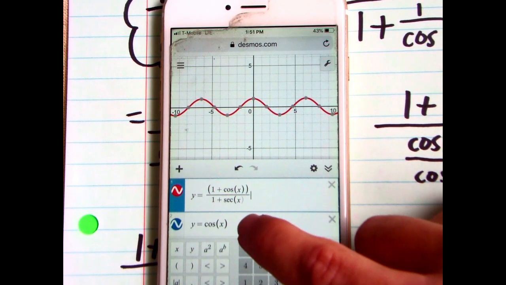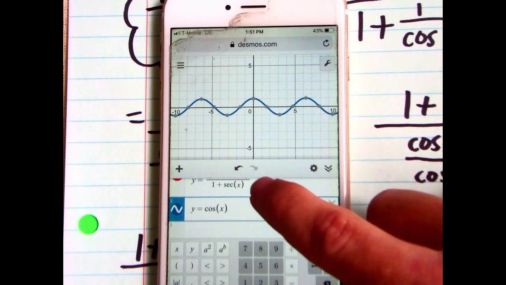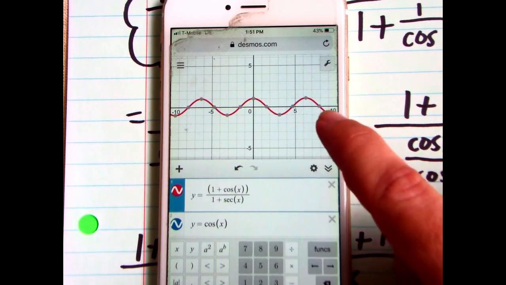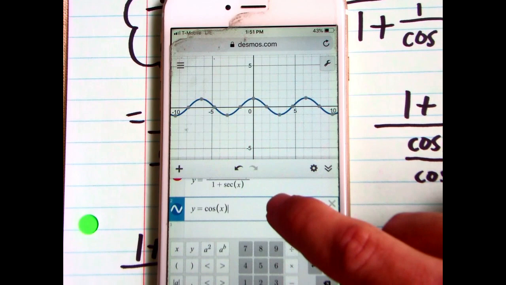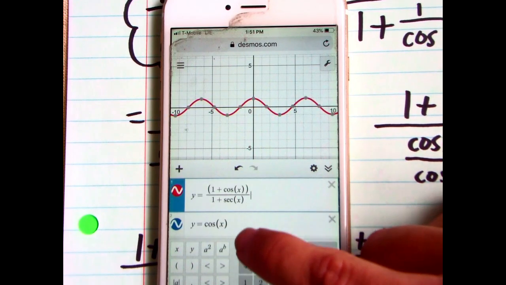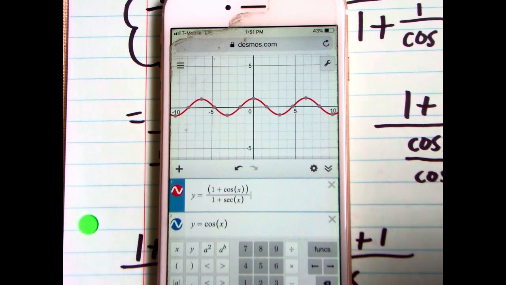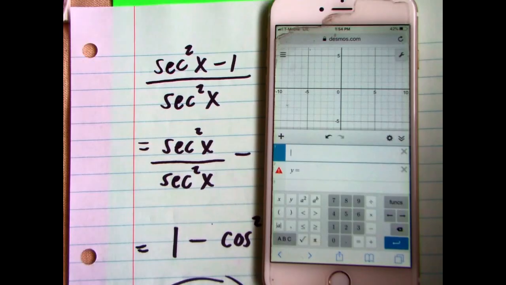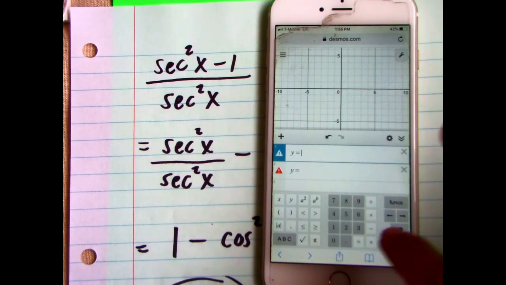That's how we'll know that we simplified the original correctly. So there's both graphs put in. The red one matches the blue one. So we know they're equivalent. We know that we simplified the original problem correctly. Alright, let's check that third one.